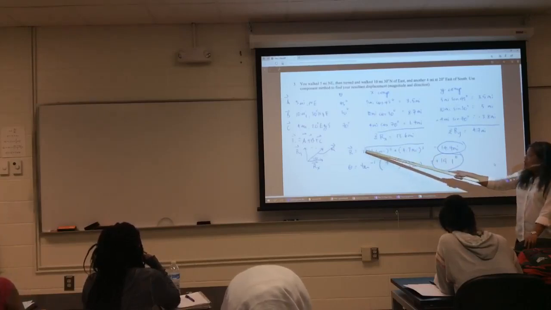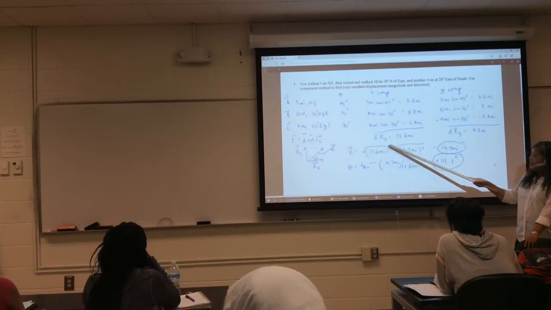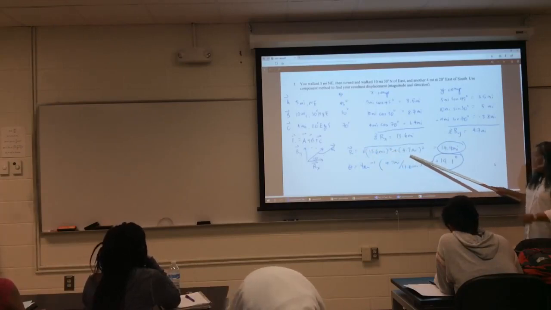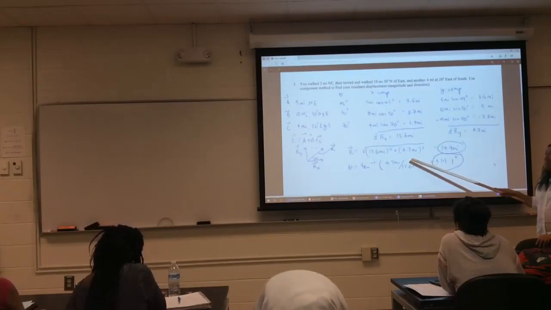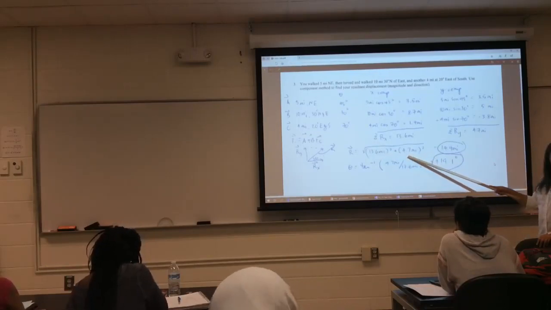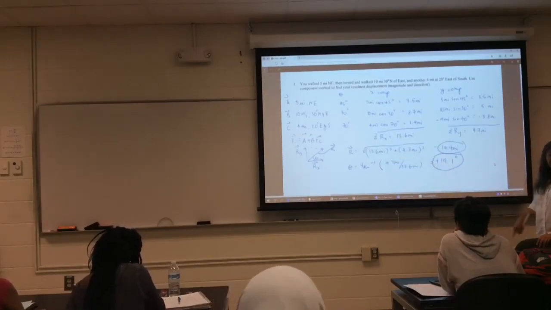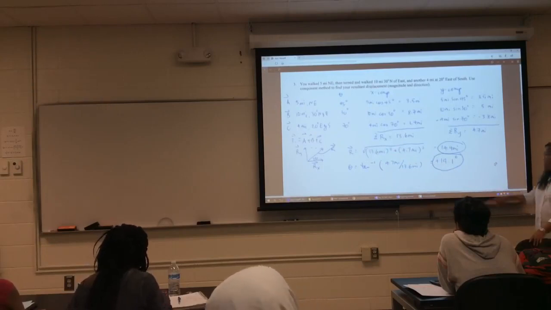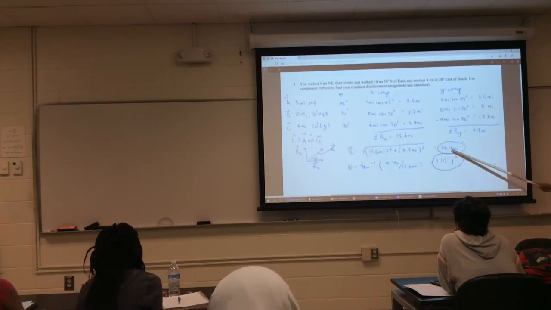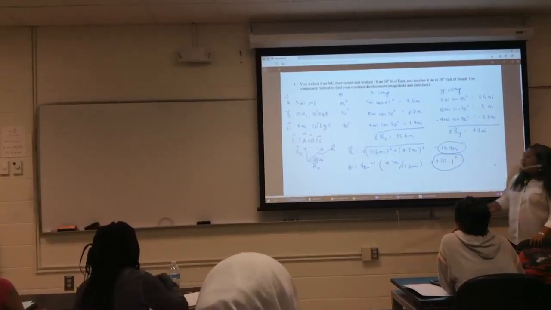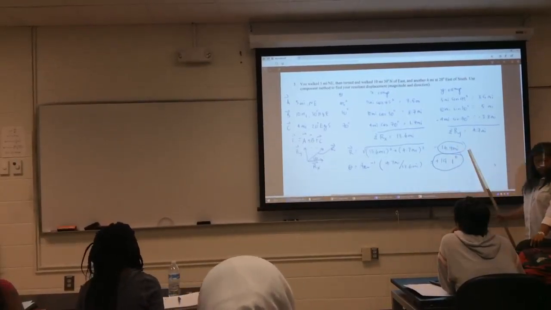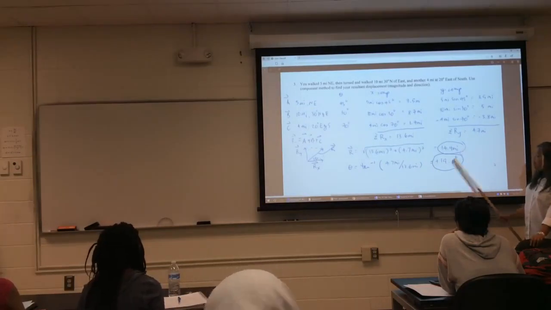The square root of the sum of the squares is 13.6 miles quantity squared added by 4.7 miles quantity squared. Notice here it doesn't matter whether these are negative inside, because when you square it, it will disappear. So you take the square root of the two sums, you get 14.4 miles. All right? And then this is your magnitude, the size of your displacement vector.